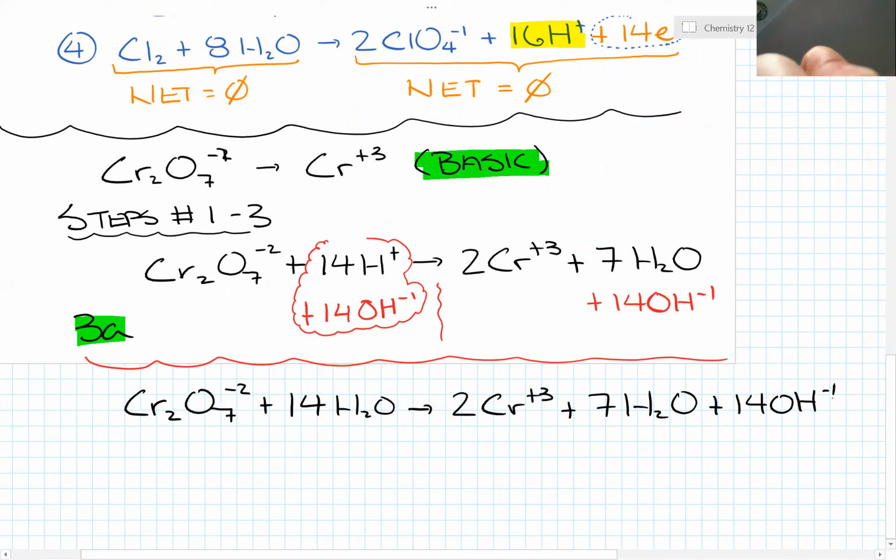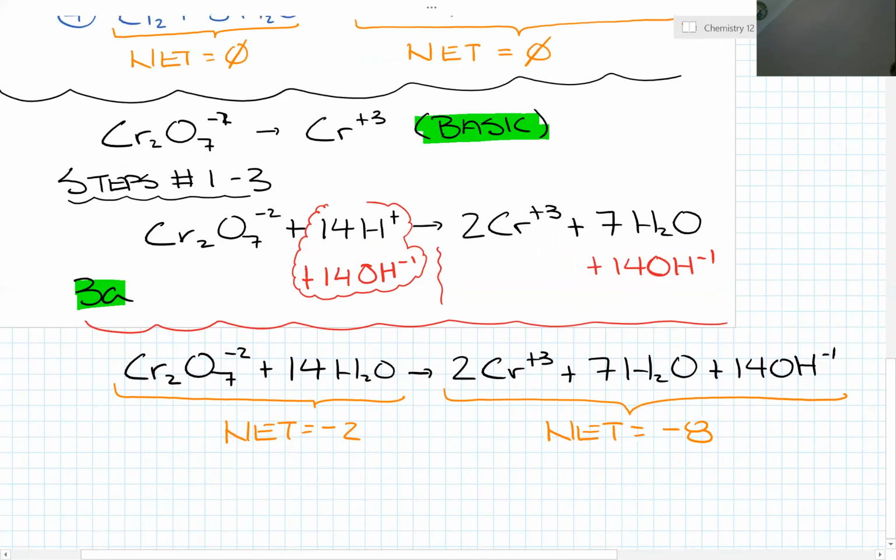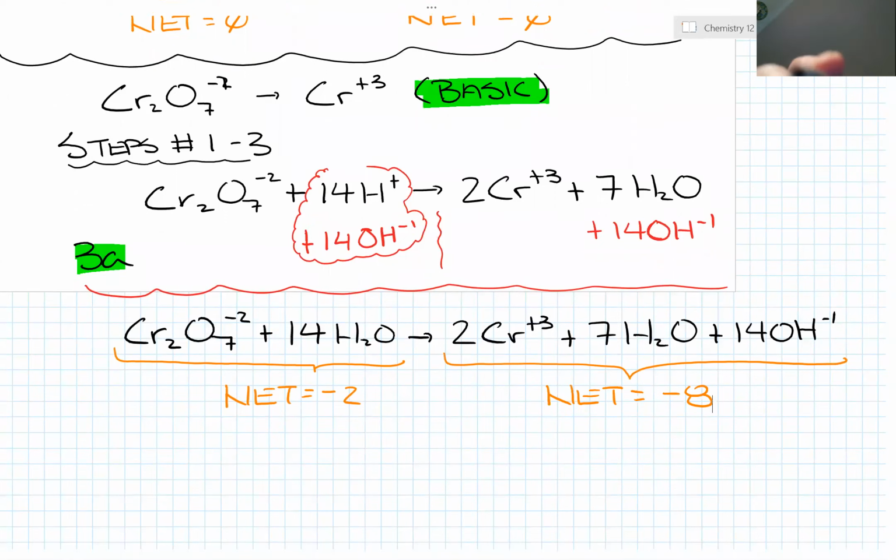Now, again, afterwards, what you can do is take a look at the net charge. Here, the net charge is equal to minus 2. Here, the net charge is equal to minus 8. So in this case, I need to bring the left side down a little bit more.